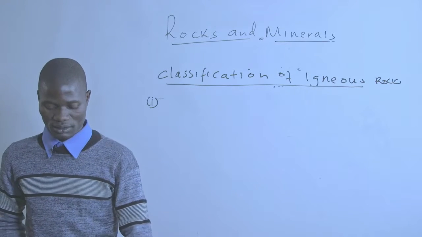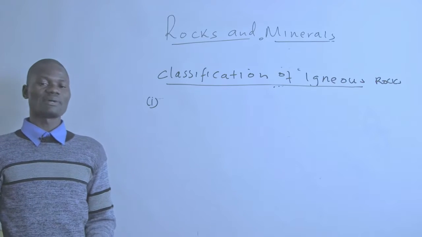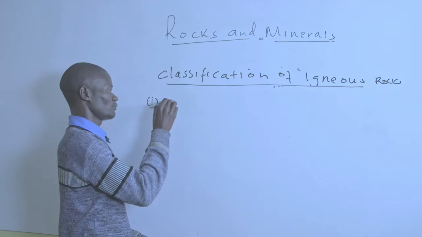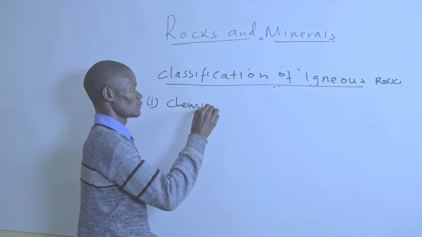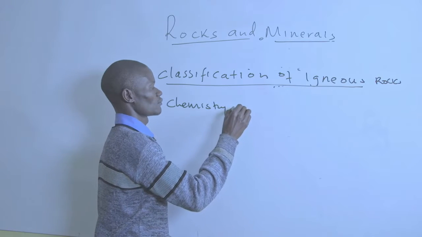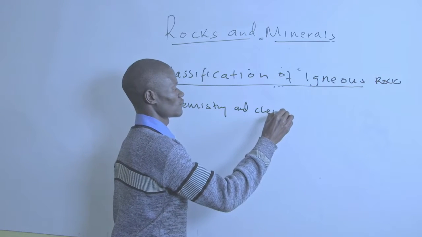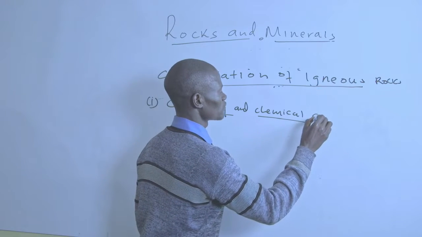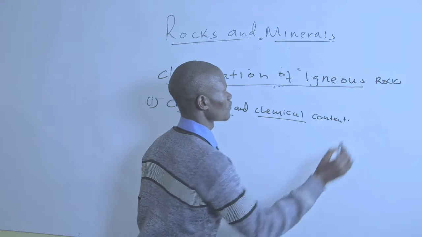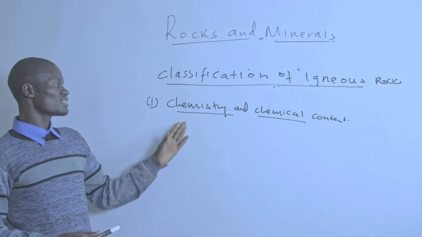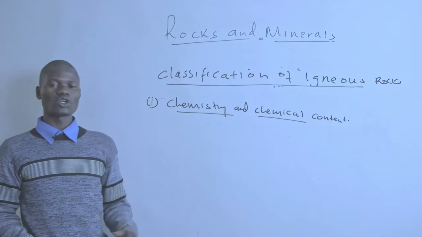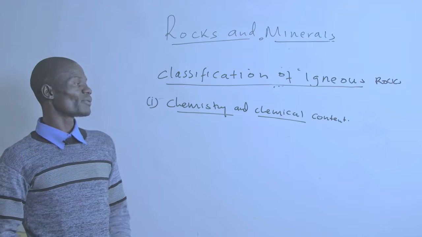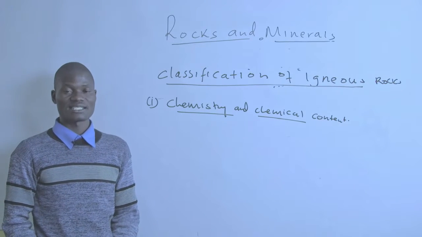One way in which the geologists classify the rocks is based on their chemistry and chemical composition. Based on the chemical composition of rocks, we will come up with four different classes of rocks.